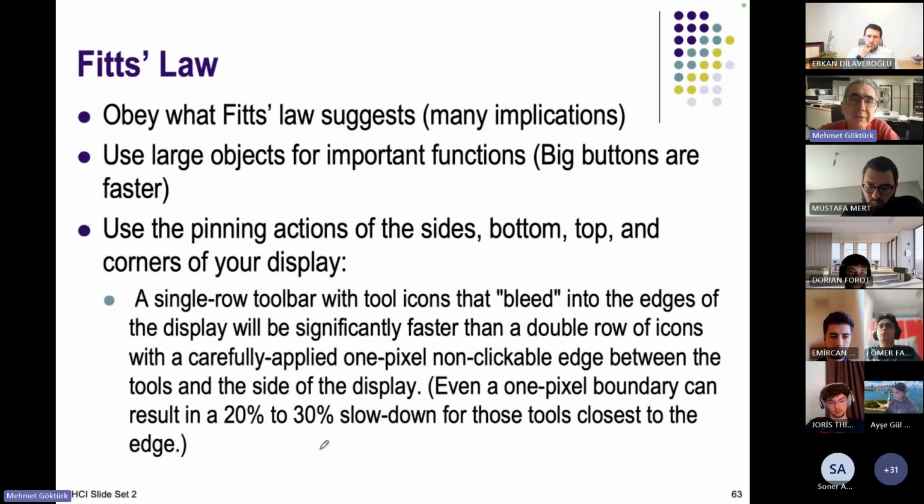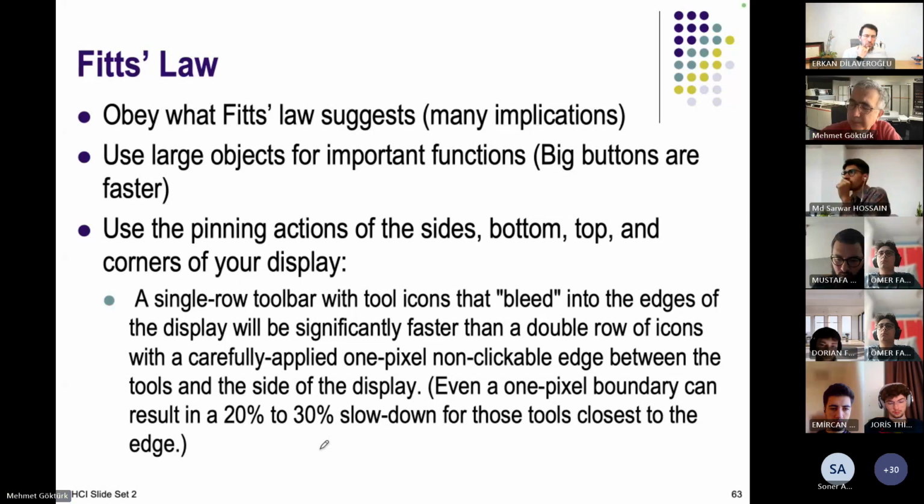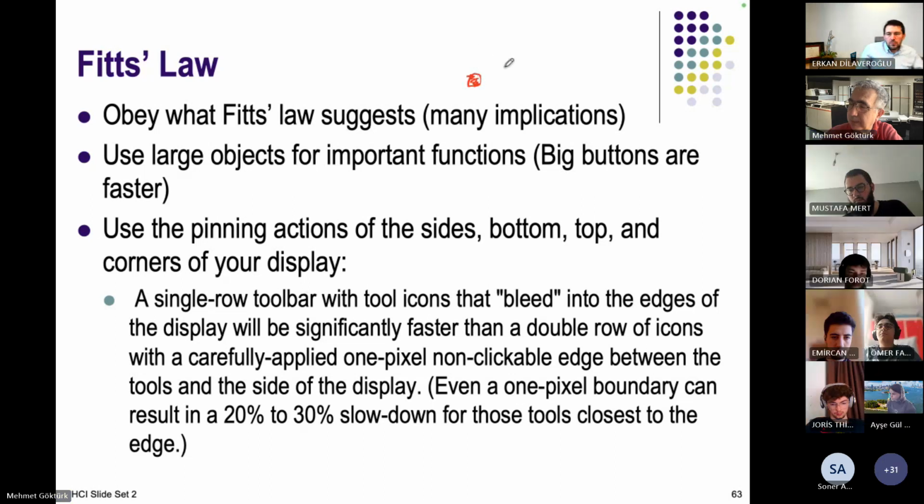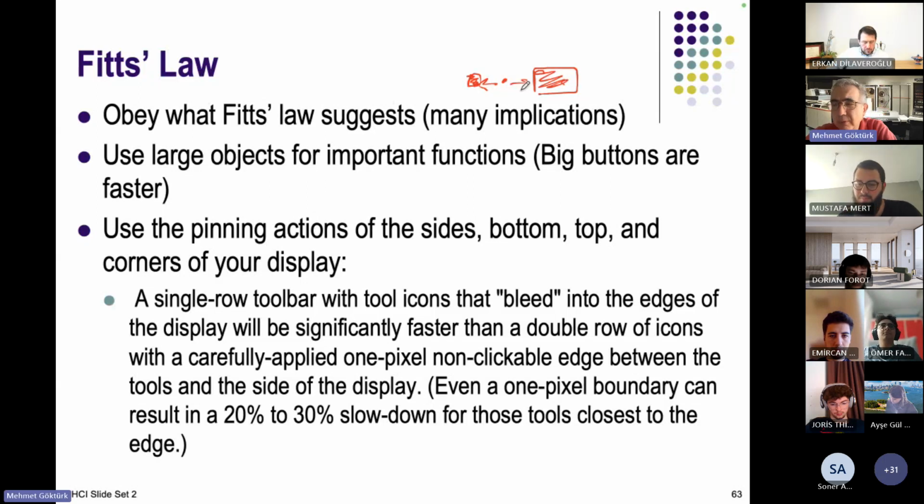We have seen what Fitts law was. Fitts law says you have a small target and you have a big target. From here, going to a small target and going to a big target have different performance values.